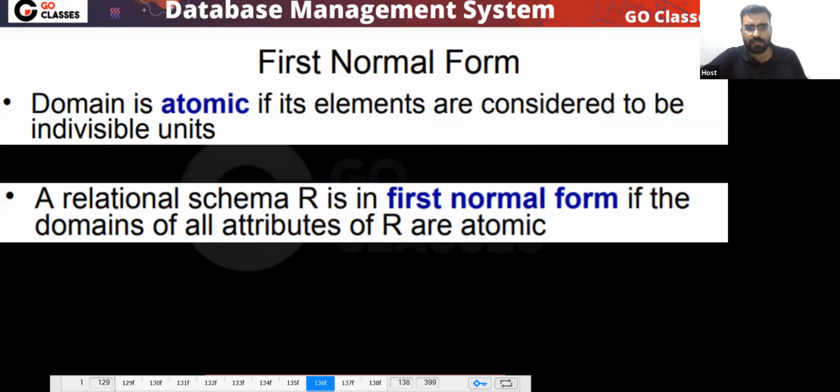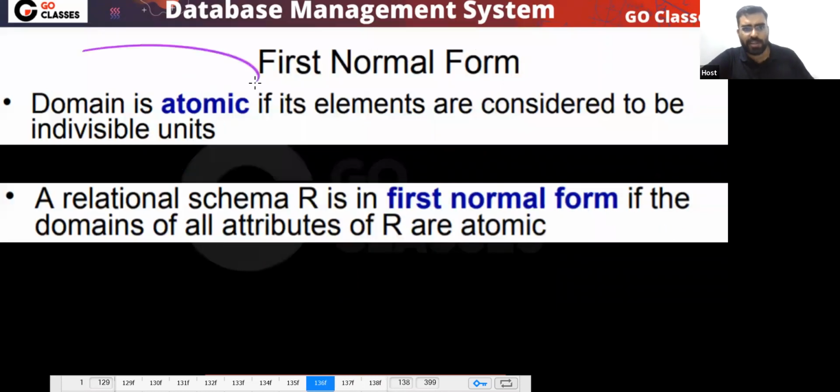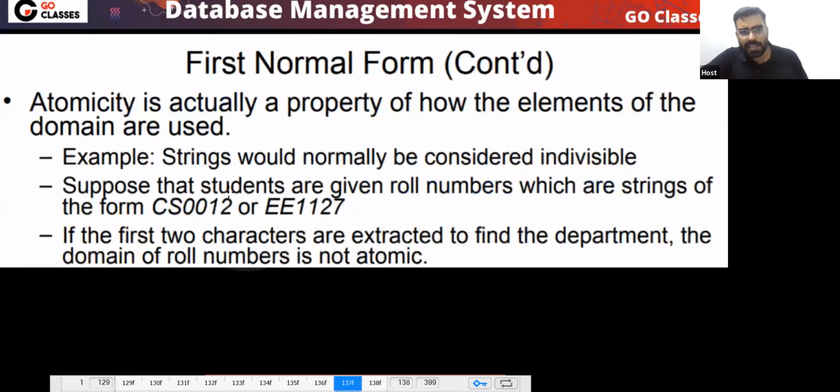Now, what does this mean? When you say the domain is atomic, when you say elements are indivisible, it means you cannot divide the elements. If your domain has this, for example, can you retrieve this part?